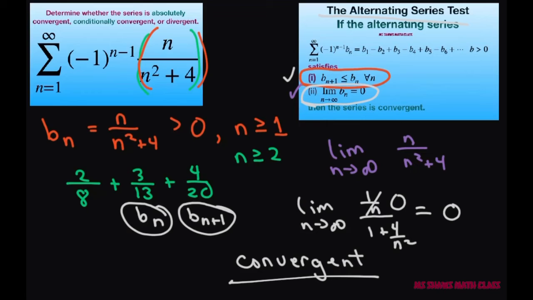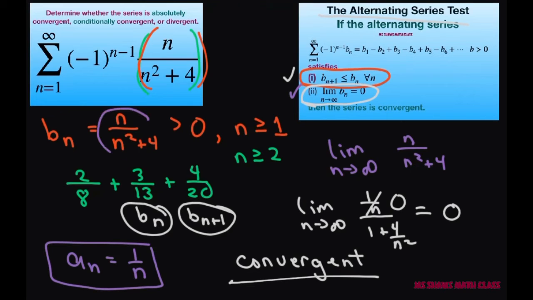We're looking to see if it's absolutely convergent. To use the ratio test, but first let's look at the limit comparison test. What I want to do is let a sub n equal 1 divided by n and compare it to our b sub n.